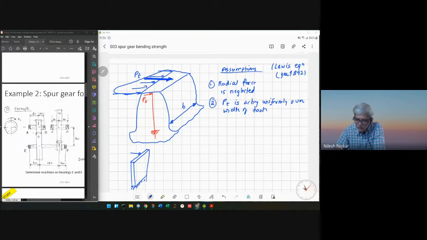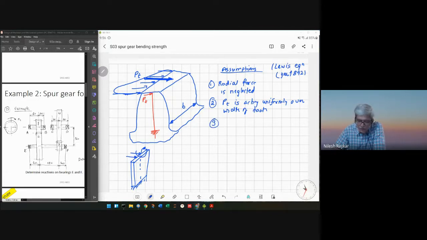So it will cause pure bending. Whereas if the distribution is non-uniform, the force would be acting eccentric to the vertical center line. What it will cause is that, in addition to the bending, it will cause torsion of this member. This effect is not considered in the calculation. That is the second assumption.